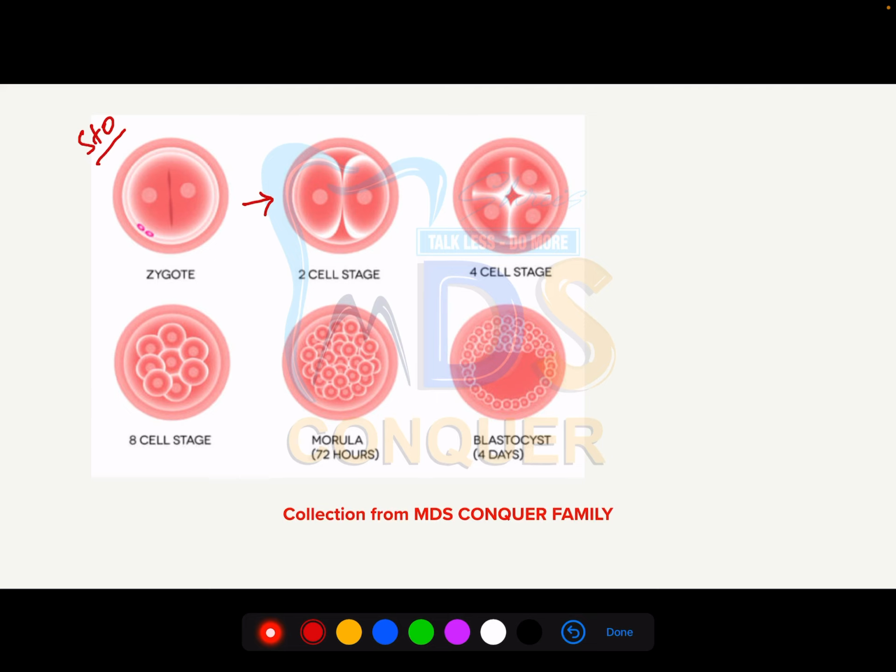By the process of mitosis, the zygote divides into 2 cells, then 4, then 8, and then 16. This 16-cell structure is called the morula. On further differentiation, the morula forms the blastocyst. This sequence was once asked for medical students in the examination: zygote, followed by morula, followed by blastocyst. Do make a note of it.